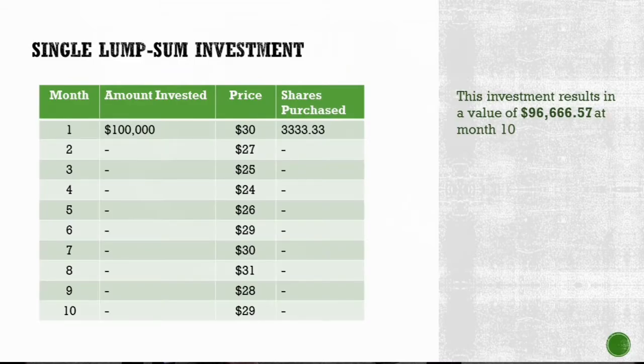As you can see in that price column, we've got the fluctuation of the price over those 10 months. So at the end of that 10-month period, say in October, based on the value of the share at that time, $29, your investment would have actually dropped to $96,600 or so.